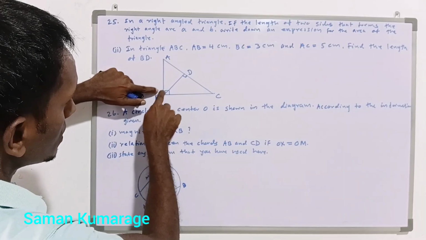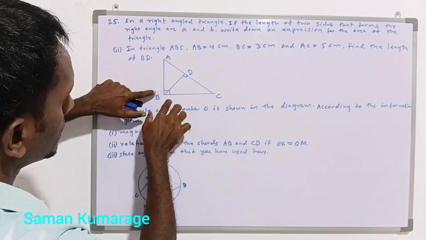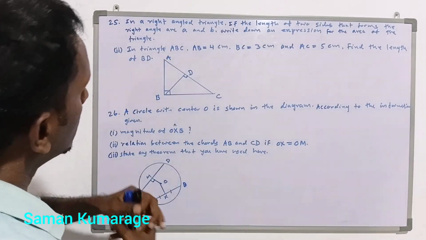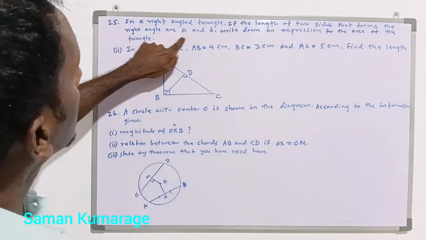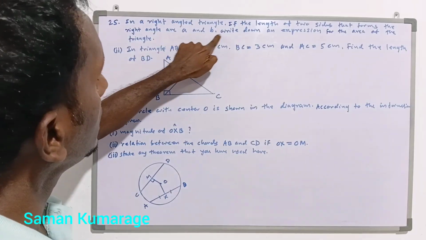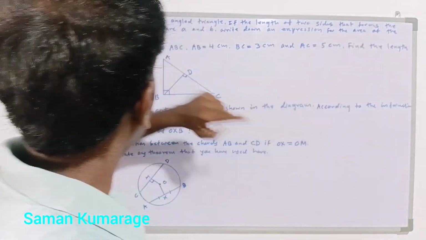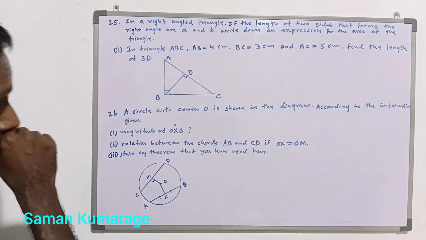This right angle is formed by the lines BC and AB. Write down an expression for the area of the triangle.